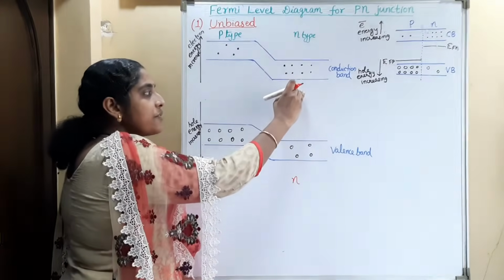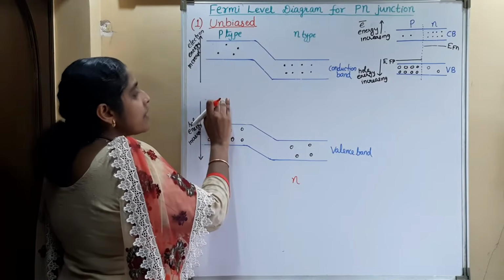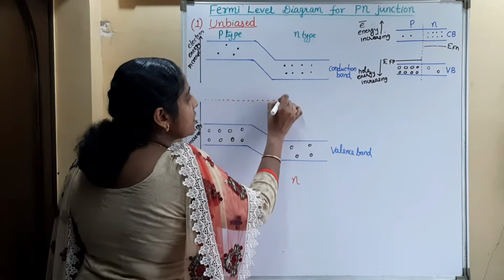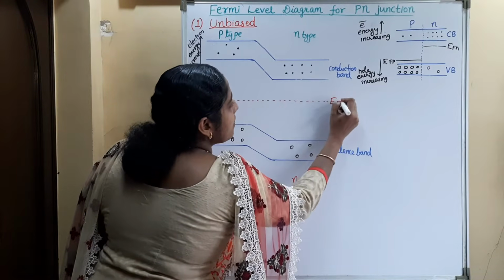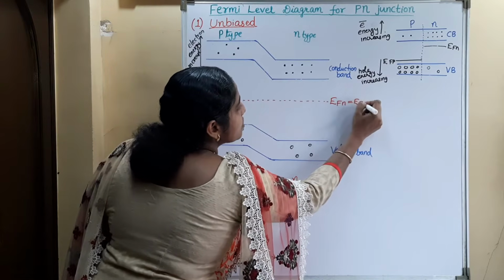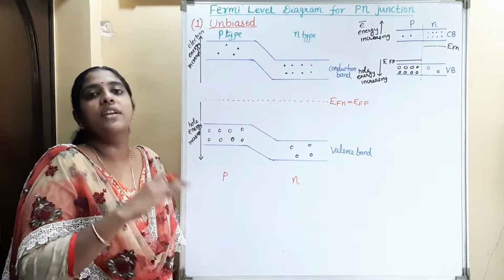So the downward shift of the Fermi level in N region and the upward shift of the Fermi level in P region will continue until both of these EFN and EFP come to the same level. So here at this position EFN is equal to EFP, then the carrier migration will stop.